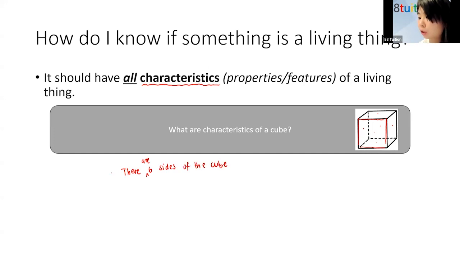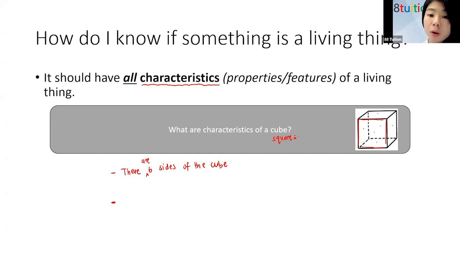Look at the lines of the cube. Are they equal or are they not equal? Some are equal, but some are not equal. Are you sure? A cube is made up of squares, right? Are all sides of the square equal?